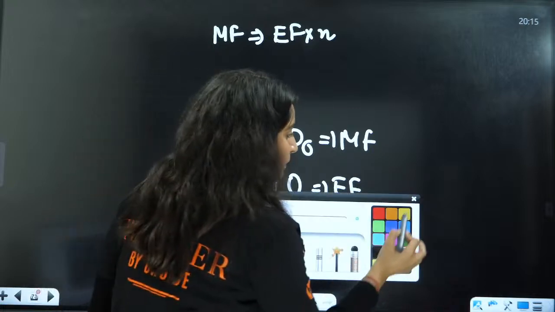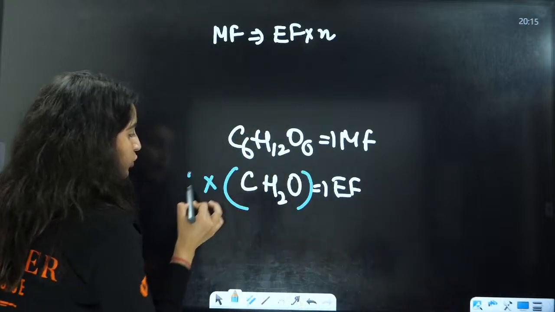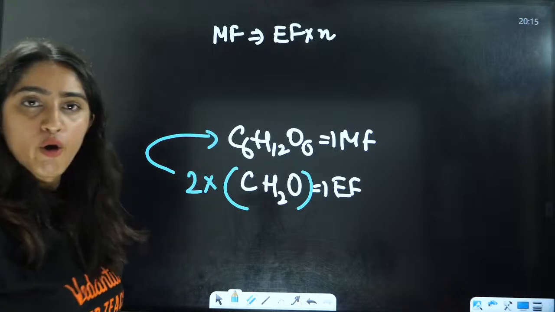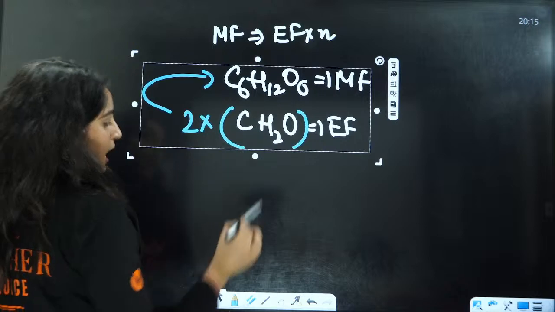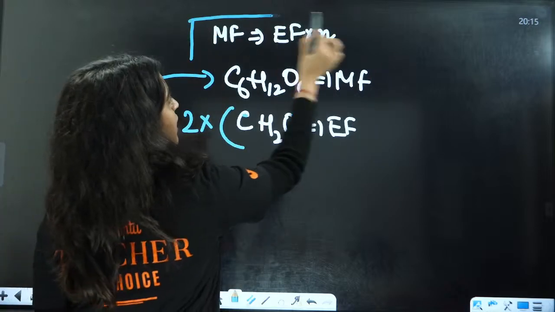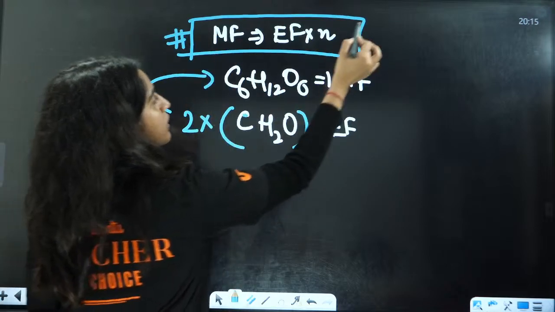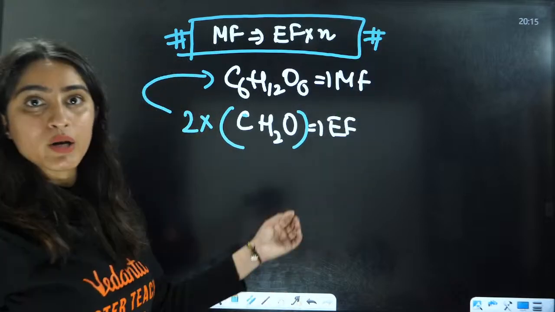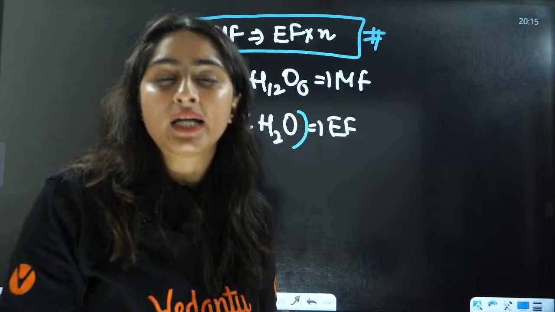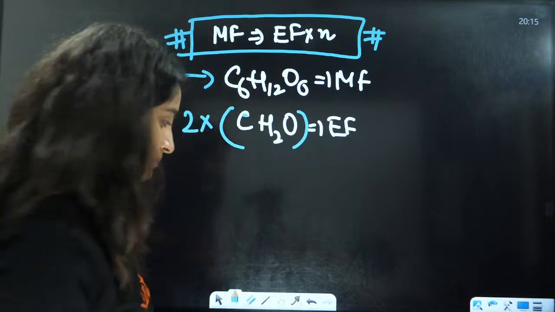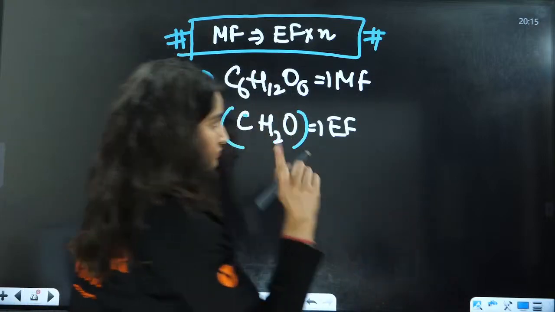If you multiply the empirical formula by 6, that will be the molecular formula, right? This means that the molecular formula is equal to the empirical formula into n, where n is the factor which we multiply to get the molecular formula, right?